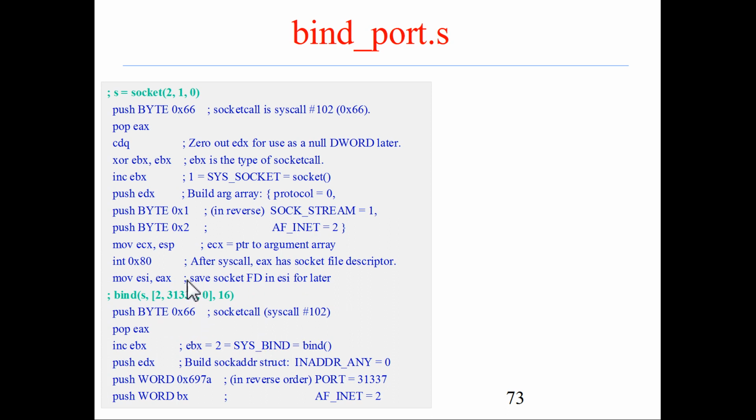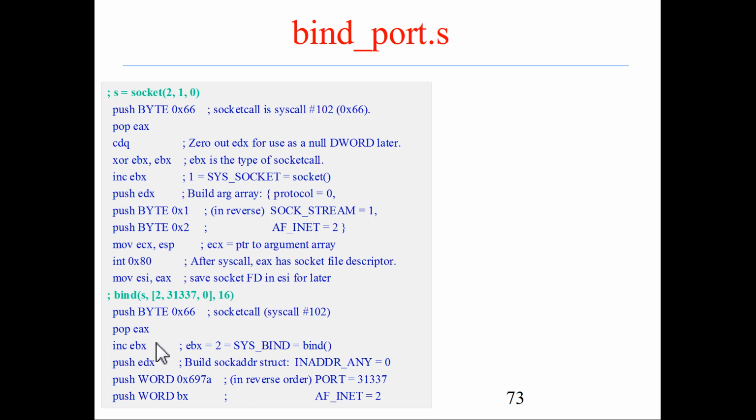So the first thing we do is, since EAX has been trampled over by the socket call, we're going to have to restore that, and that's why we saved the return value that was put in EAX into a different register so we can keep track of it.